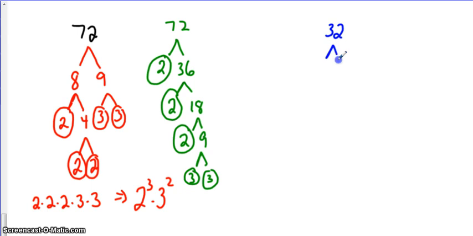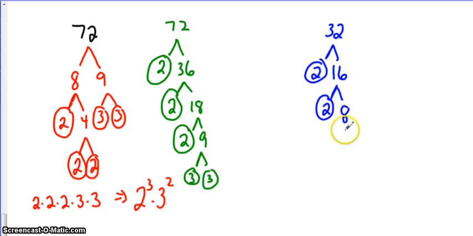On 32, we can say that it's again even, so we could use a 2 here. 2 is prime, so I'm going to circle it. But what times 2 equals 32? Well, the answer to that question is 16. Okay, 16 is not prime, so it's composite, so we can use another 2, and we are left with 2 times 8.